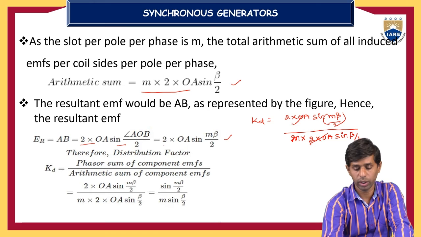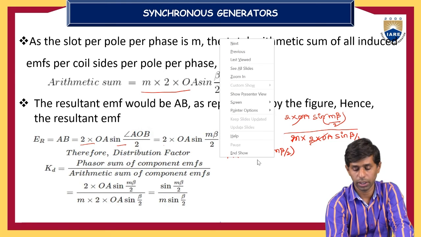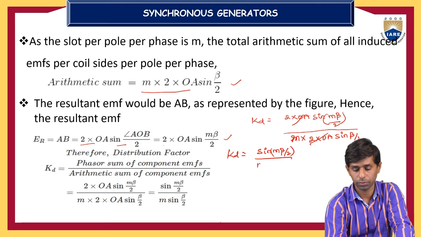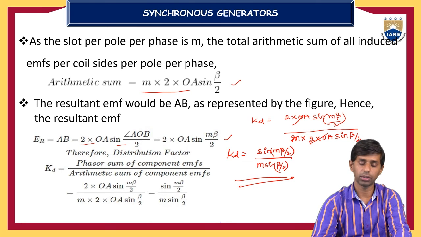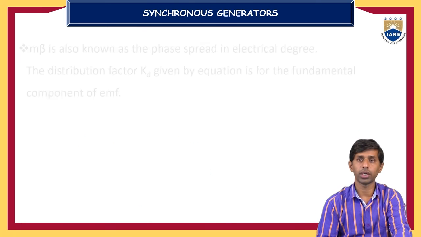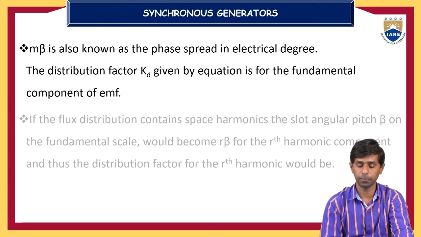The 2 OA cancel each other, and KD is equal to sine M beta by 2 divided by M sine beta by 2. This is the expression for the distribution factor of the alternator when the winding is distributed.